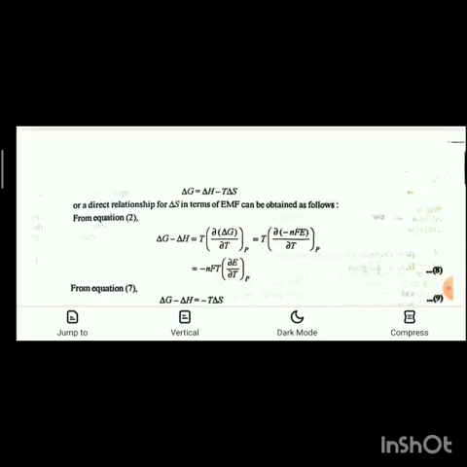Having known the values of ΔG and ΔH, the entropy change ΔS accompanying the reaction can be calculated using the relationship ΔG = ΔH − TΔS. ΔG − ΔH = T(∂ΔG/∂T) at P = T ∂(−nFE)/∂T at constant pressure = −nFT(∂E/∂T) at P. Also ΔG − ΔH = −TΔS.